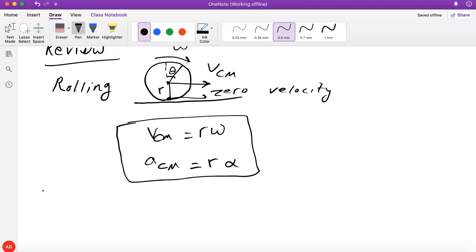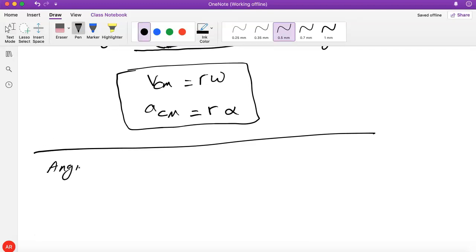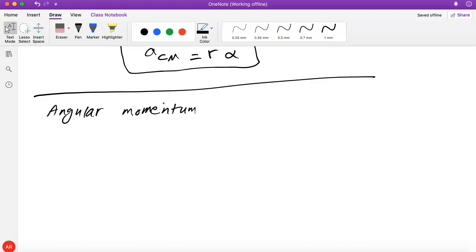All right, so today what we want to continue talking about is angular momentum. So we talked about many of the counterparts in the context of rotational motion for quantities we're familiar with. Momentum is the one quantity we haven't talked about. Let's go back to our table and first take a guess about what the angular momentum would look like.